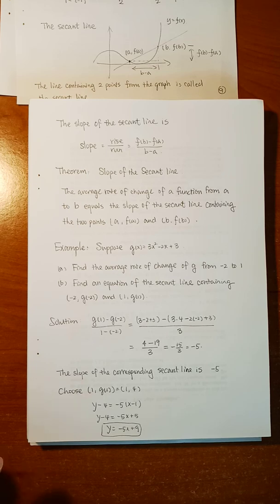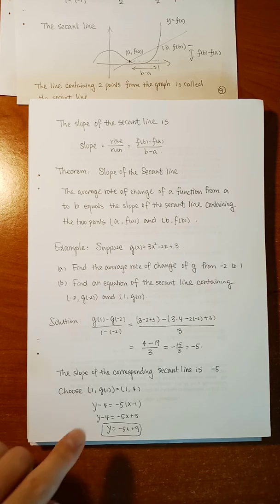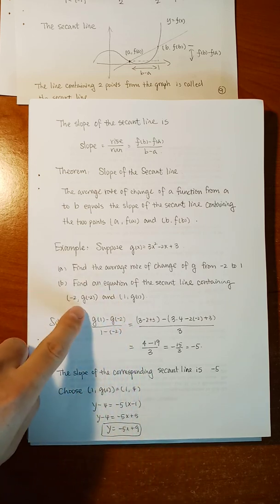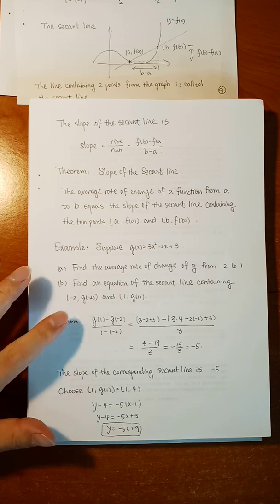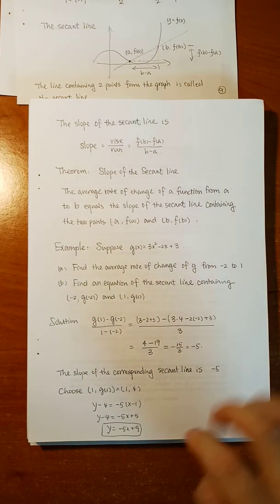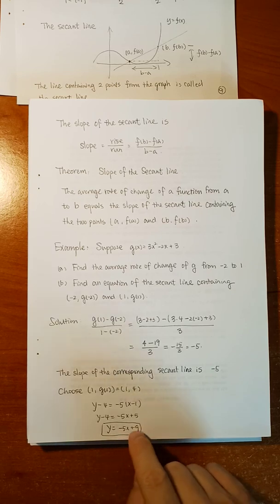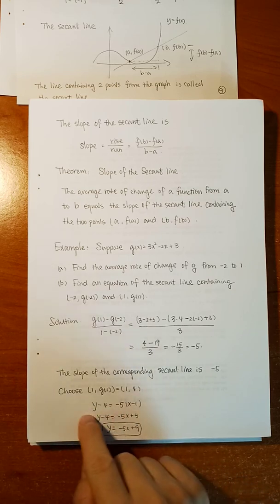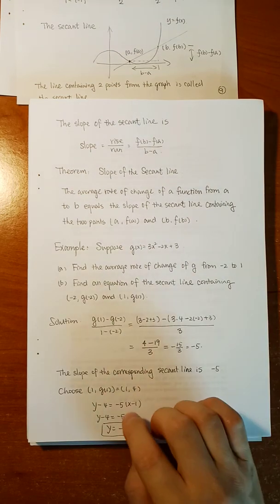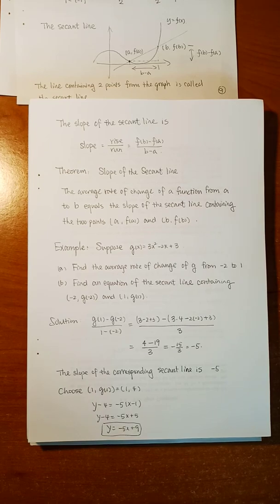You should be able to write down the equation of the secant line based on the average rate of change plus an additional point. You can choose this (1, 4). You can also choose the point (-2, g(-2)). The textbook chooses (-2, g(-2)). It's the same. After simplification, you get the same result. In point-slope form, of course, they are different, but the final one is the same.